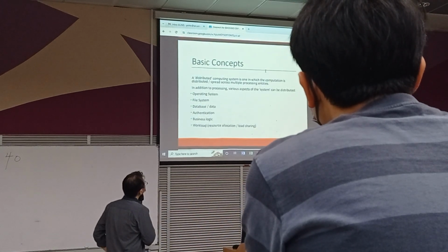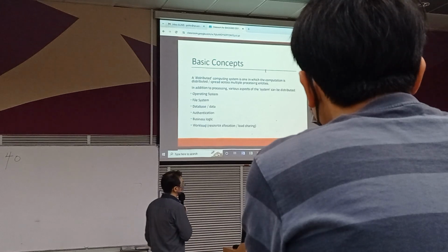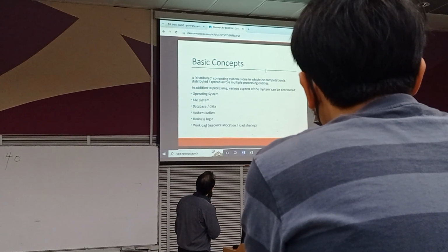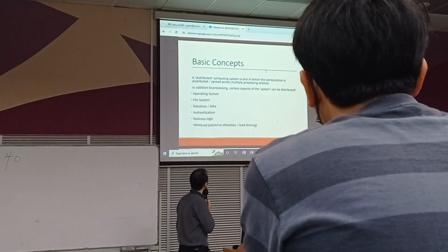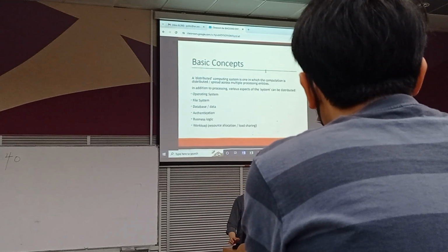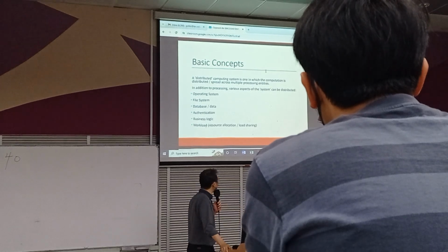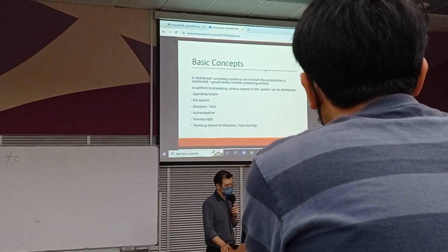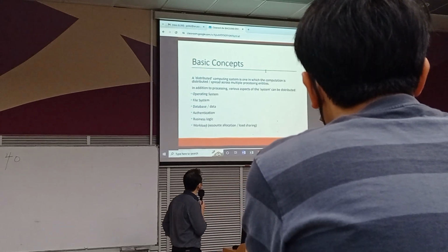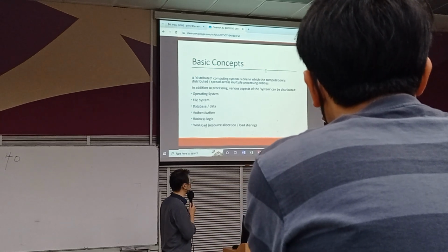Okay, the basic concept I mentioned just now is basically the advantage of what we have for the distributed system, but of course the details are what is shown there. It involves various components in order to make it work. Firstly, you need to have an operating system that is capable of doing the distributed system, or aware of the distributed system.